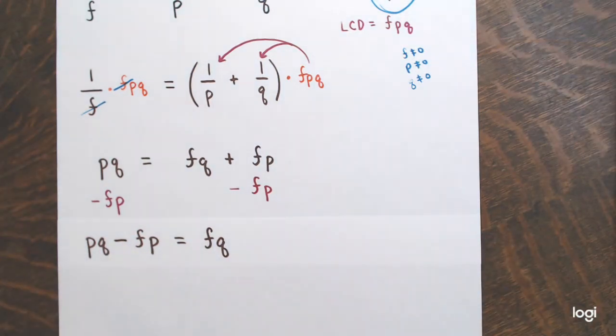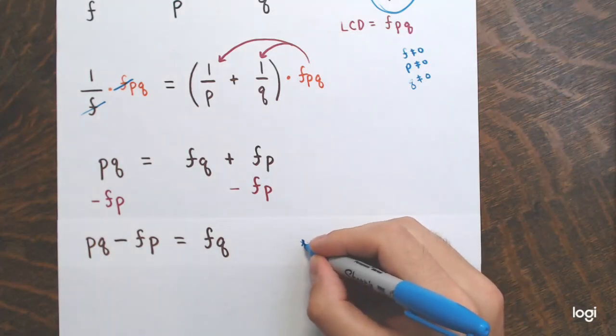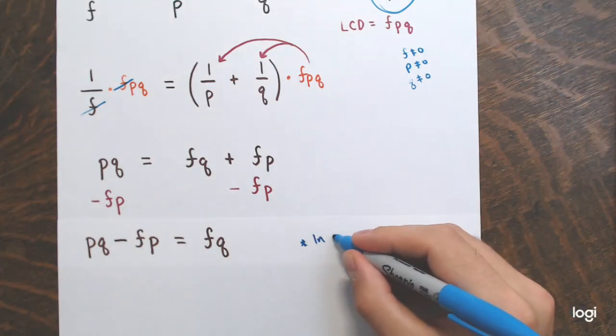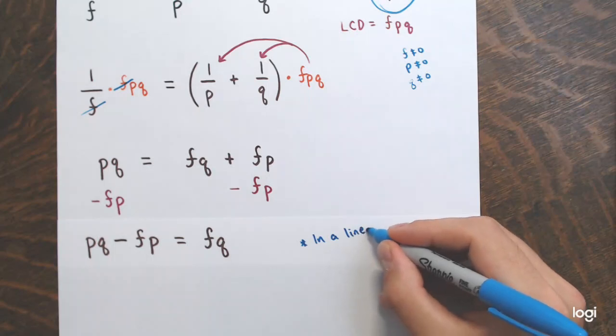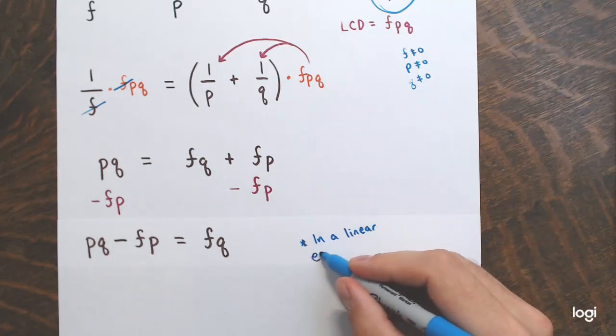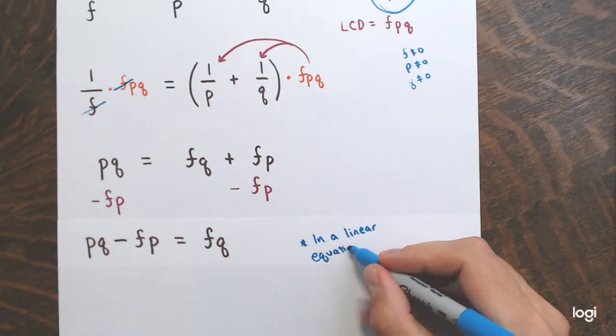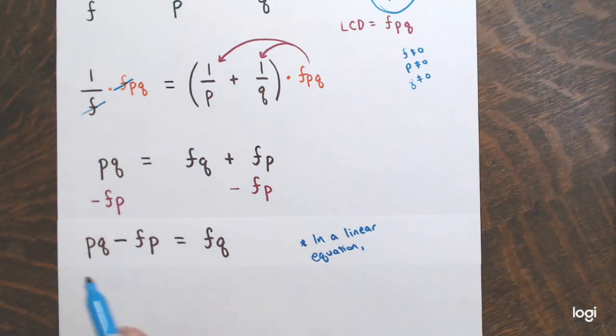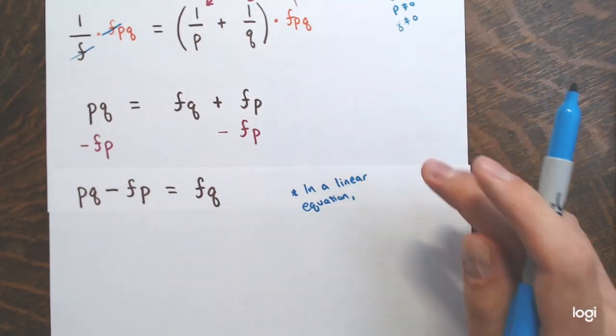And then, in the previous examples, all I had to do was a simple division. But there's a problem here. In the previous examples, there was only one term with the variable that I wanted. Here there are two. Alright, and I'll put this little note out there. In a linear equation, which this is, solving for p, it's linear in p.